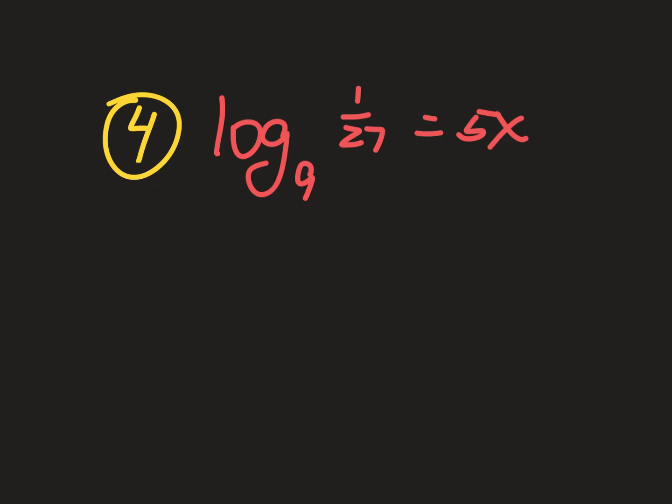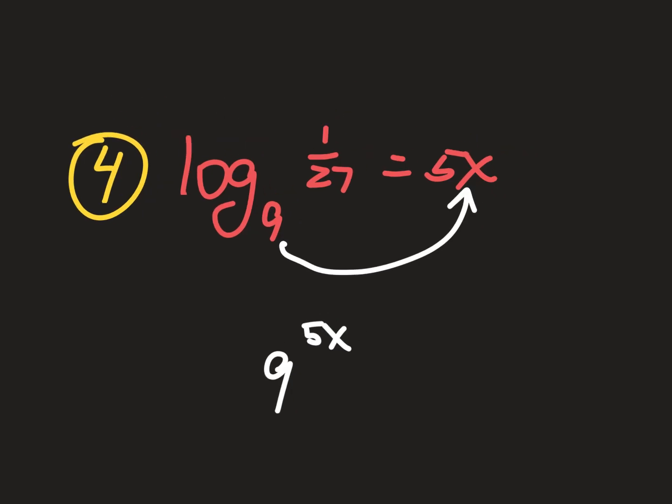Some of you are that good, and you can do it that way. But I don't think most of you are that good. So most of you, I would go 9 to the 5x equals 1/27. And then you definitely should get it from here.